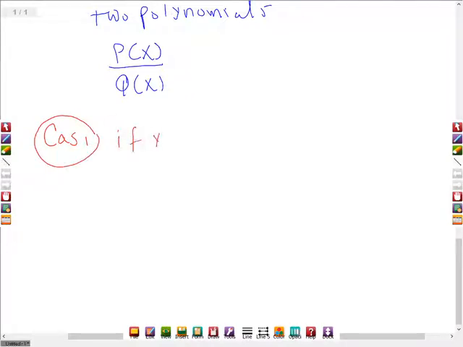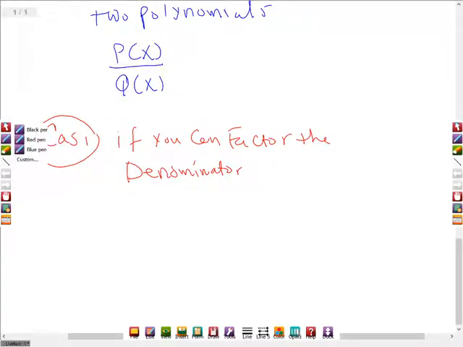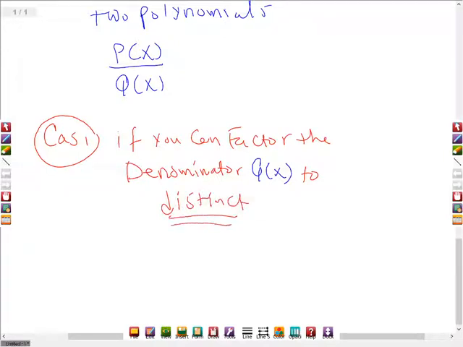If you can factor the denominator, I mean the Q of x, into distinct linear factors.